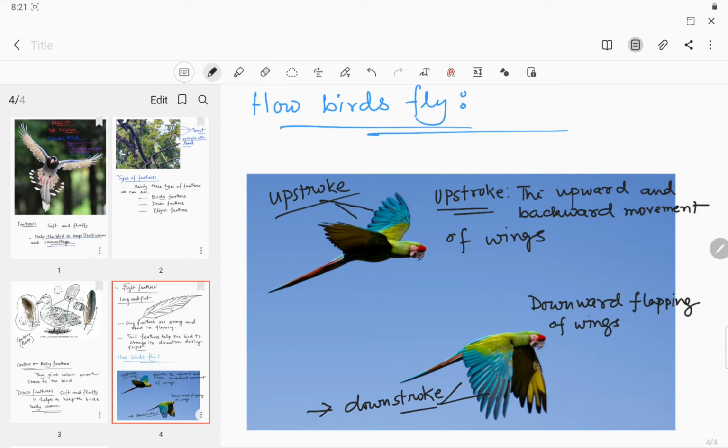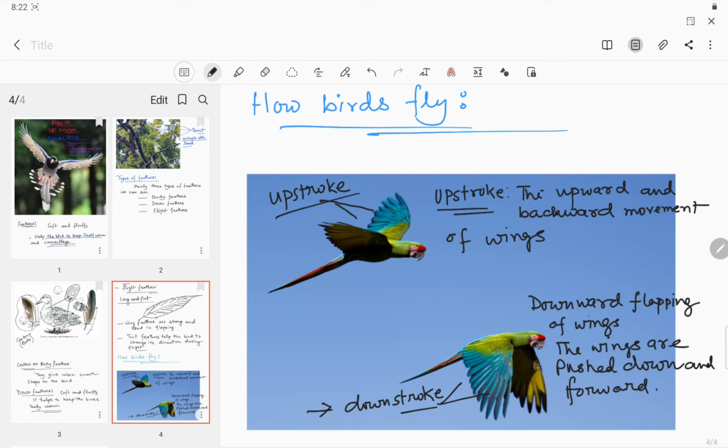Okay, in downstroke the wings are pushed down and forward.